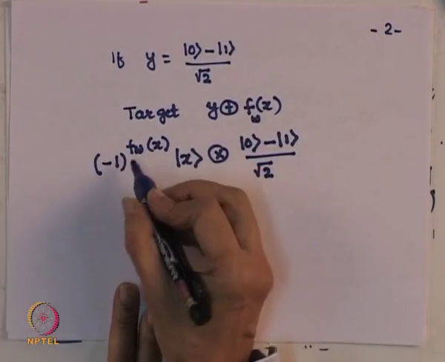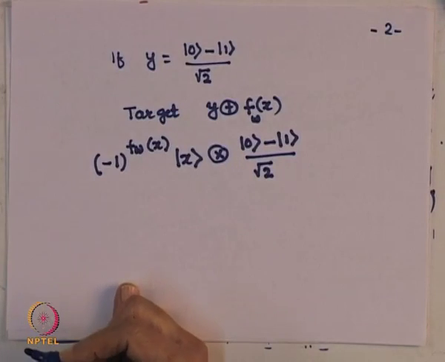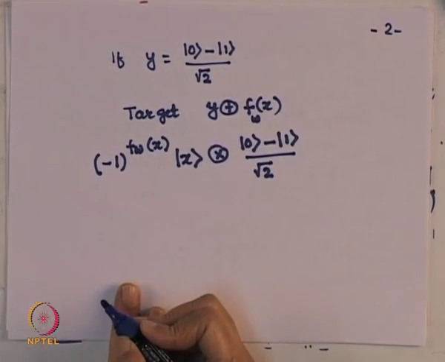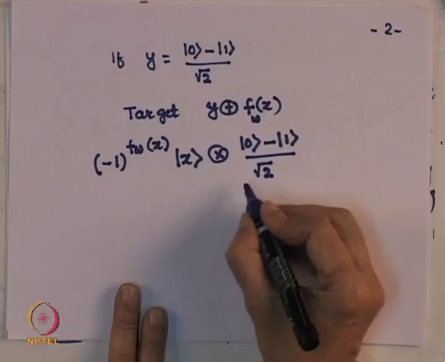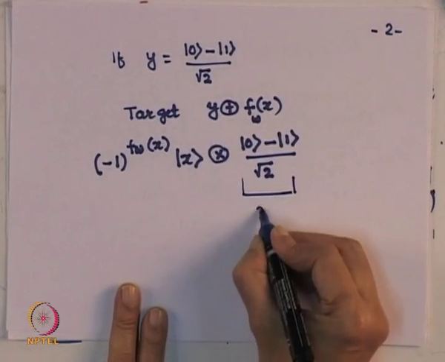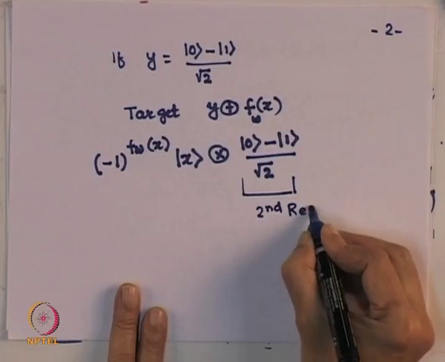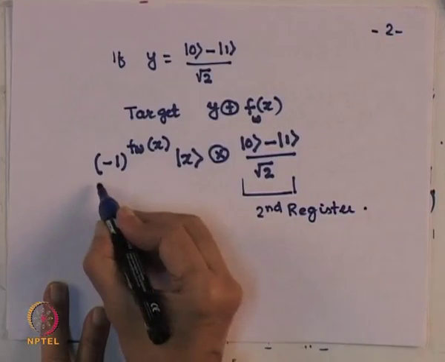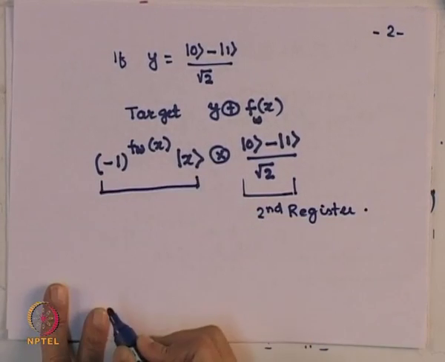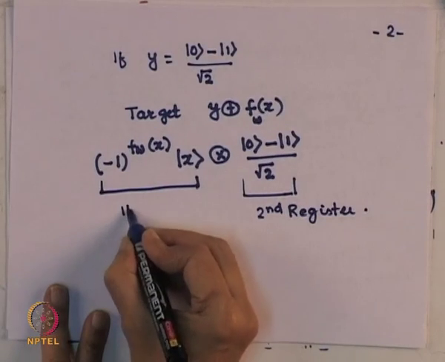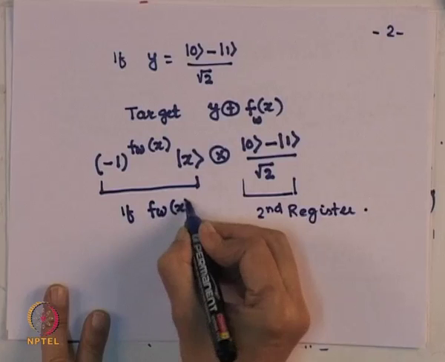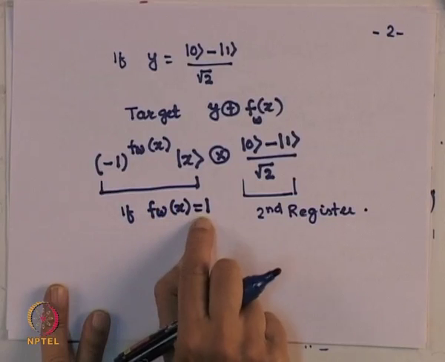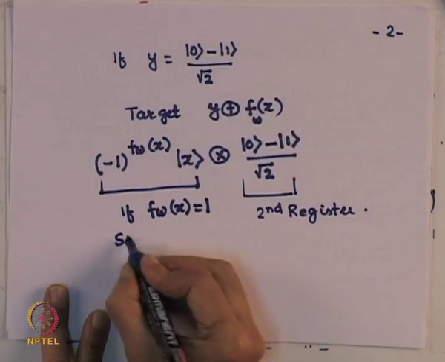Since this is the one which has an x dependence, I can put it along with the first register and write it in this fashion. Notice that my second register is unchanged, but my first register will have its sign flipped if f w of x is equal to 1. In other words, for the given string, if f w of x equals 1, the sign of the first register will be flipped.